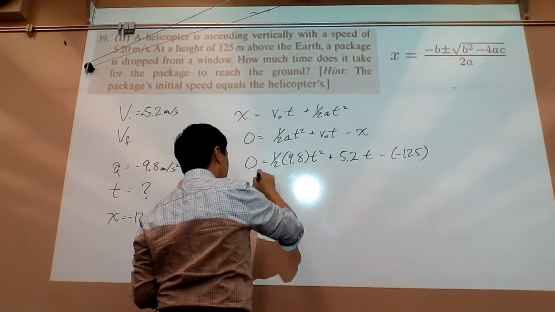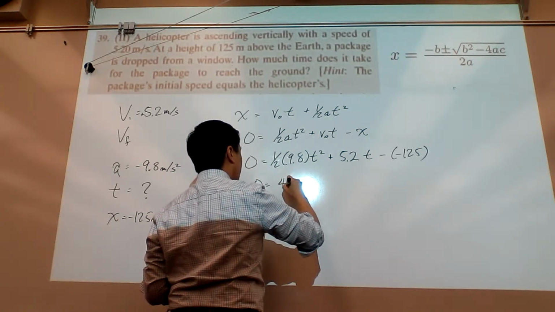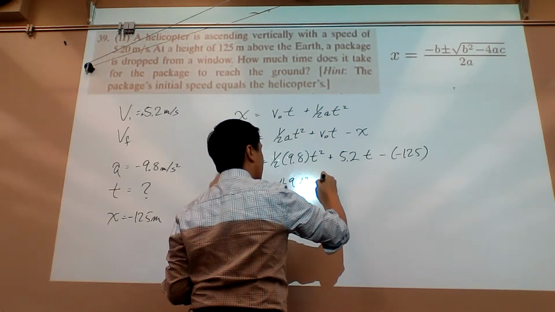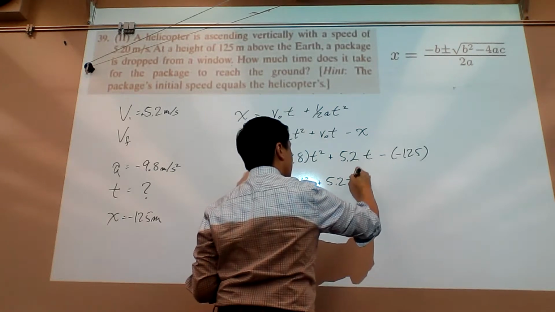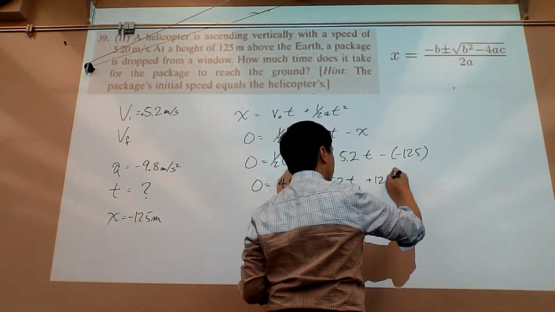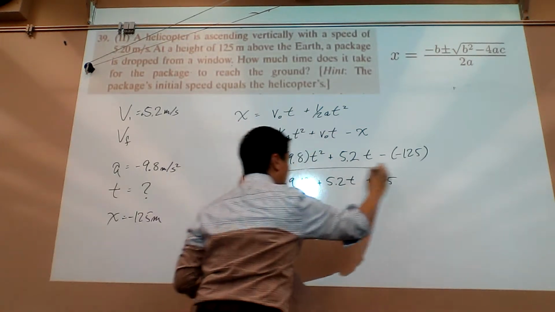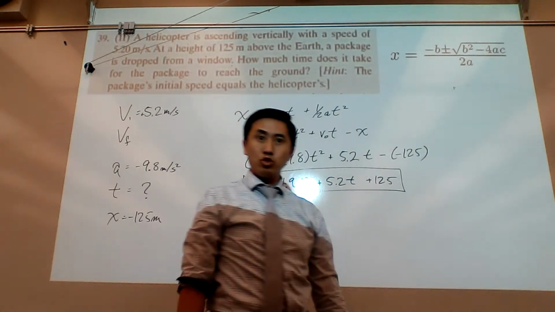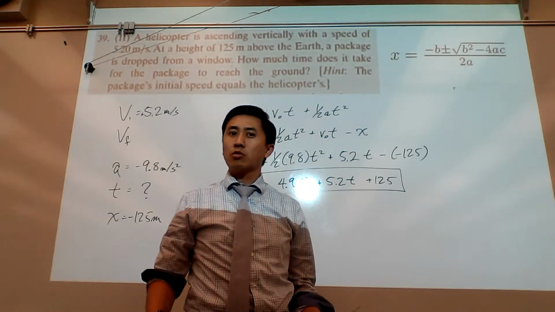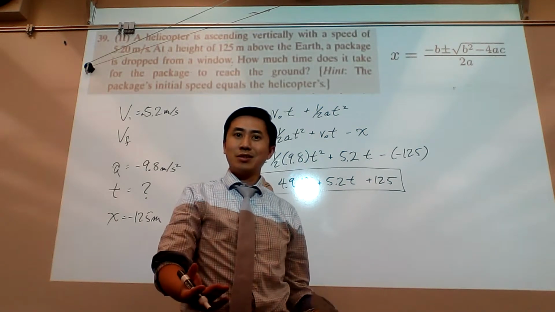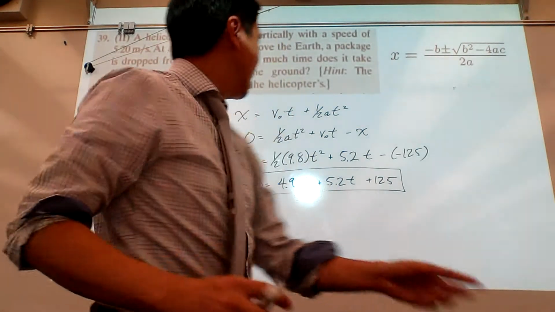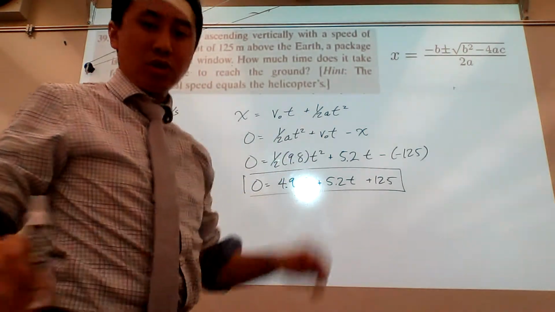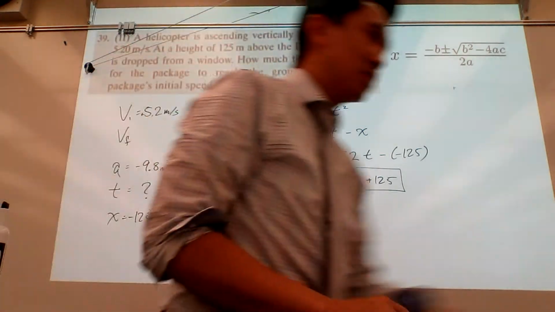That means 0 is equal to 4.9 t squared plus 5.2 t plus 125. Let's plug it into the old quadratic formula. If you're not so used to the quadratic formula, consider this a little extra lesson. Let's erase all of this and start with the equation that I boxed.